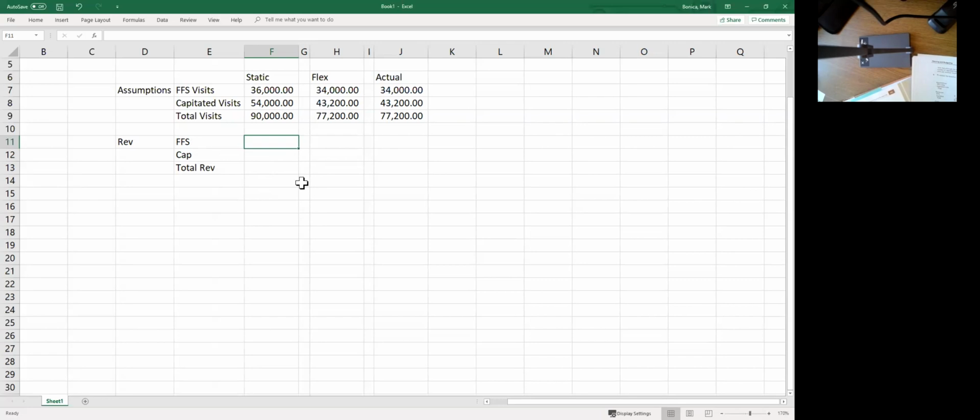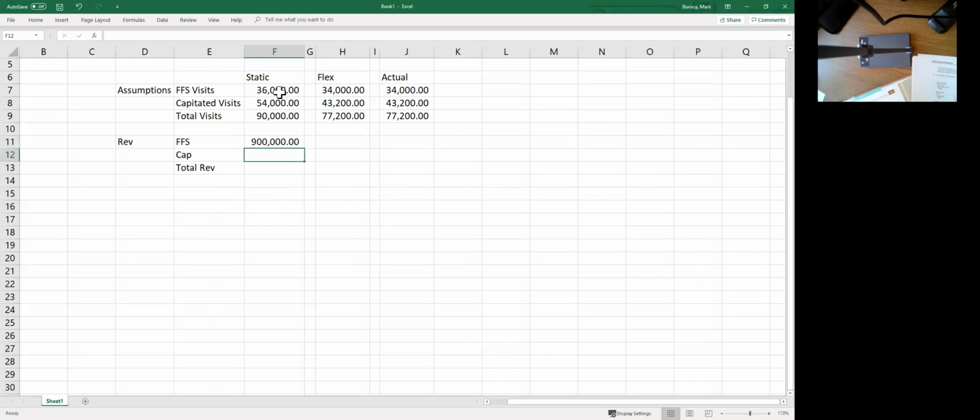Our fee-for-service revenue was expected to be $25 per visit. So 25 per visit times the number of fee-for-service visits, 36,000, gives us 900,000.